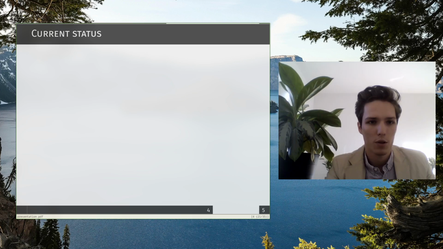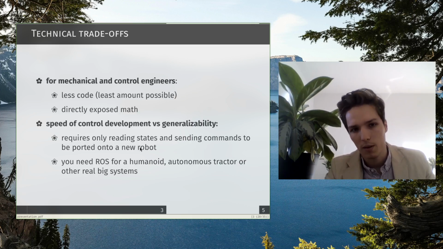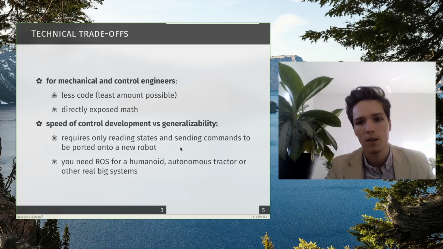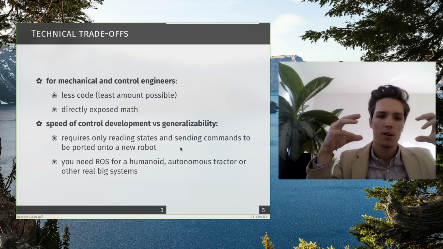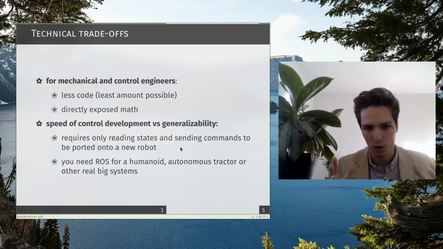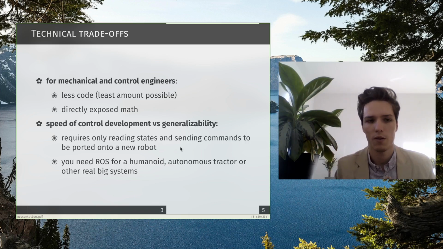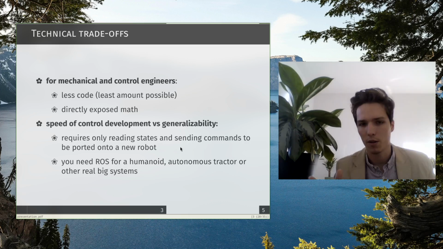Oh, I should have mentioned in the upper portion, it requires only this, a trade-off for speed of development. Once you have the states, the math functions the same way because it's imported. It's mapped to a common class for all robots, so that once you do your Jacobian pseudo inverse or whatever, it doesn't really matter where this vector came from.